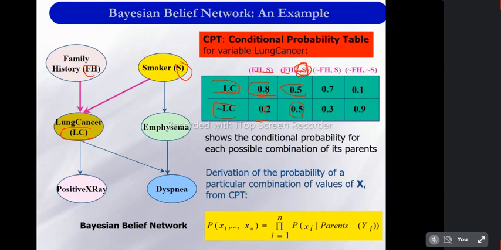And the negation of family history, the one who has no family history but has smoking behavior, is 70%, and 30% will have no lung cancer, and so on. This is some probability.